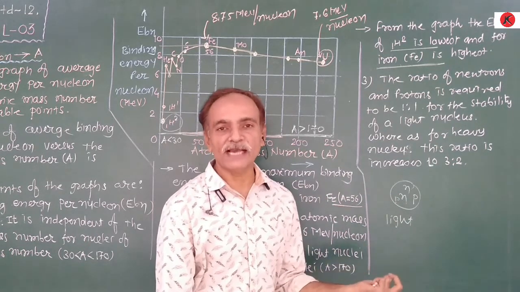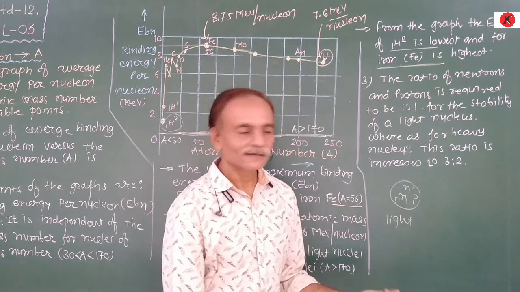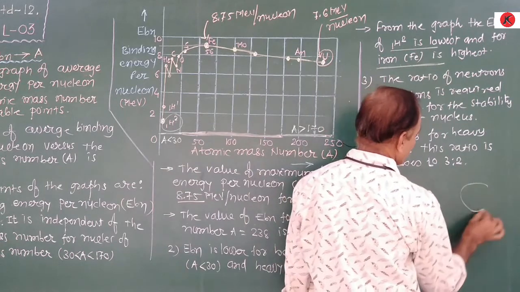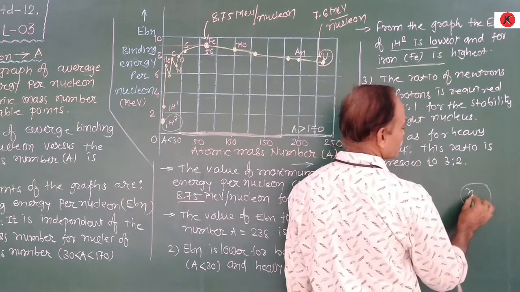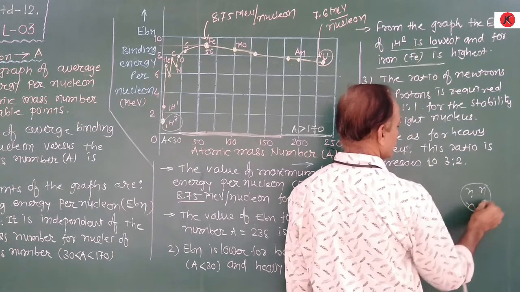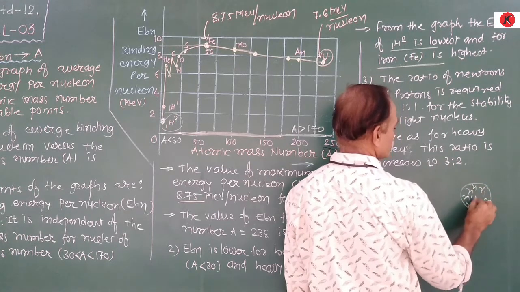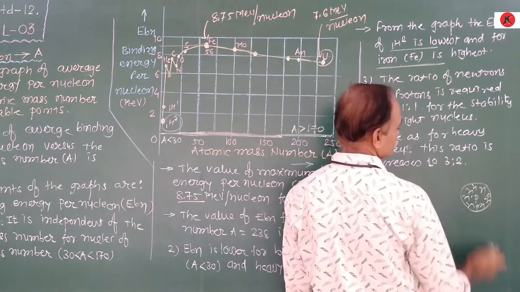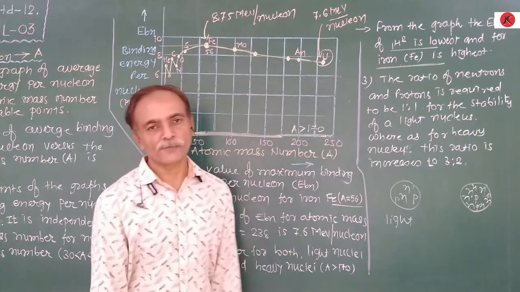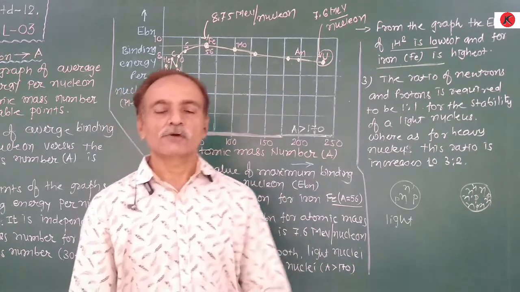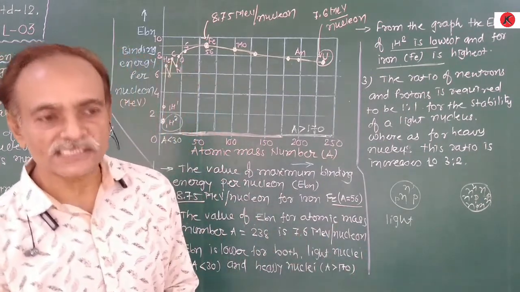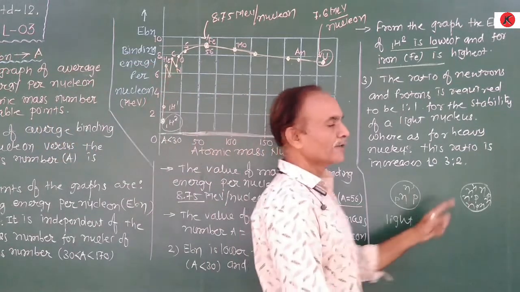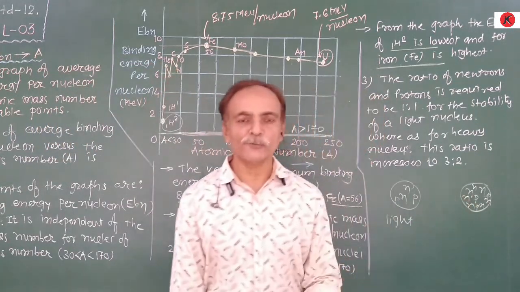But for the heavy nuclei, for the stability of the nucleus, the number of neutrons must be greater than the protons. Because already we discussed the nuclear forces between neutron-neutron, neutron-proton and proton-proton.